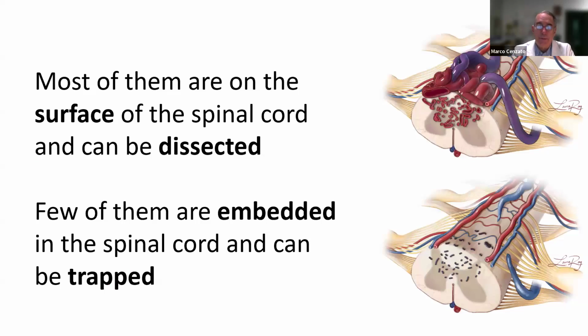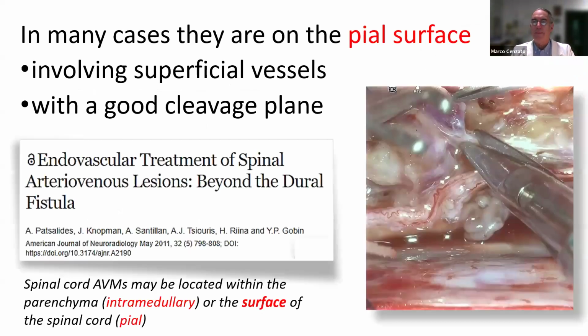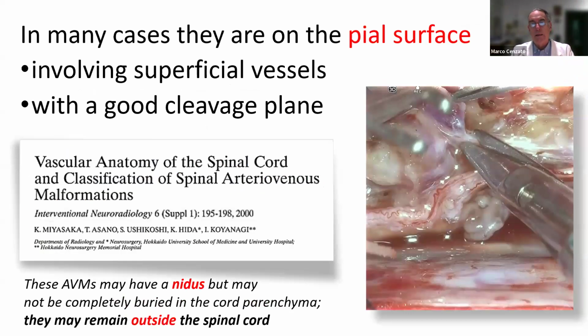Most of the AVMs, spinal cord AVMs, are on the surface of the spinal cord. The AVMs of the spinal cord are different from the ones in the brain, because the vascularization in most of the cases comes from the surface, from pial vessels, and very few of them are embedded in the spinal cord. So in many cases, they are just on the pial surface, and they can be dissected little by little.